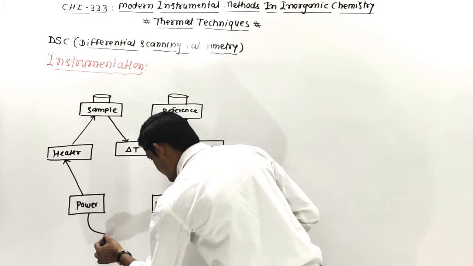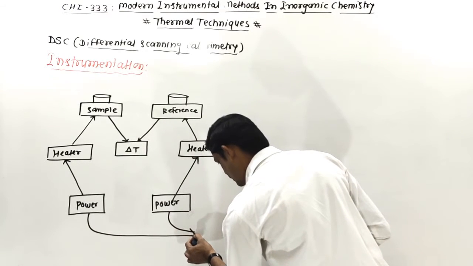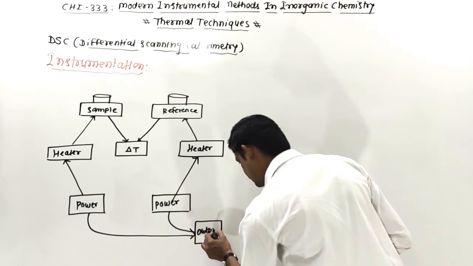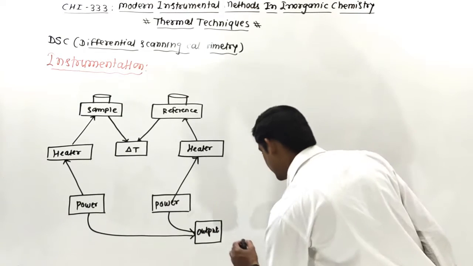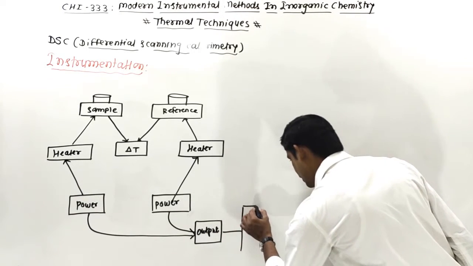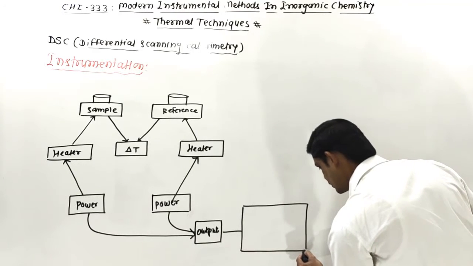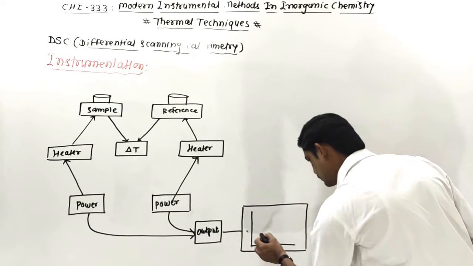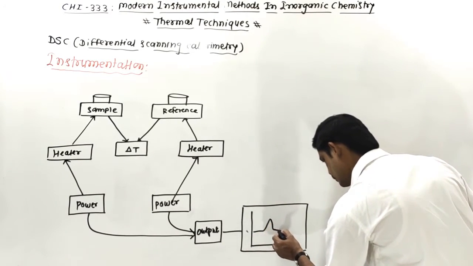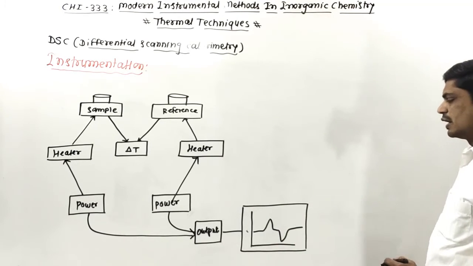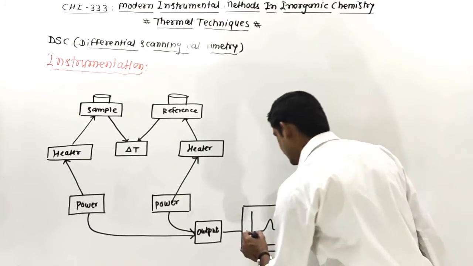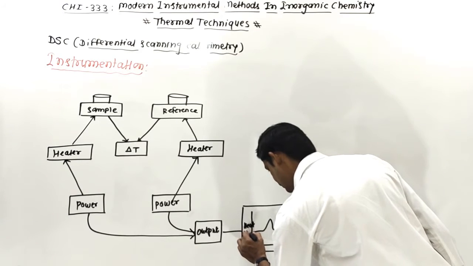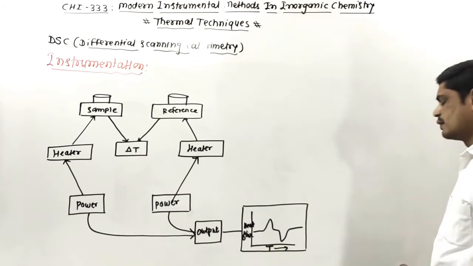These powers are then connected to the output, and this output is obtained in the form of a chart, or you can say the graph. We will get a graph over here. Obviously the graph is in the form of heat flux versus varied temperature.